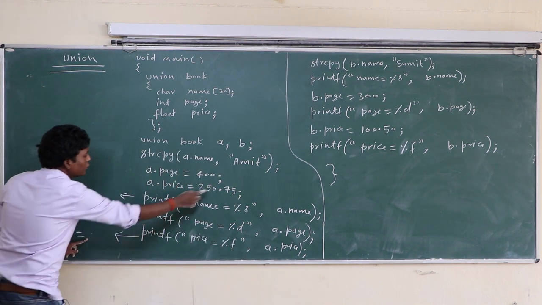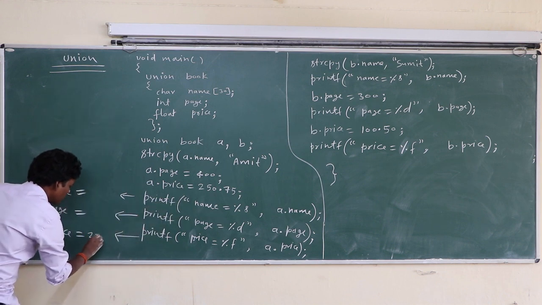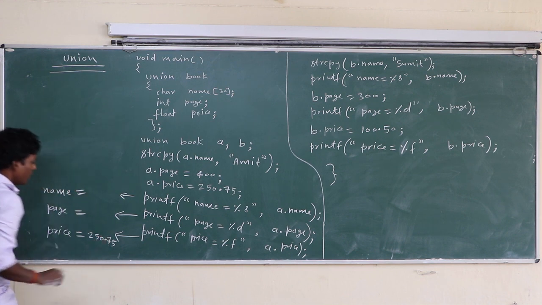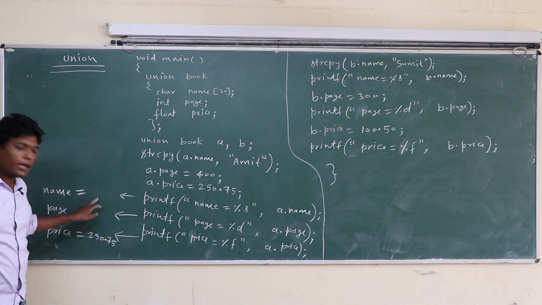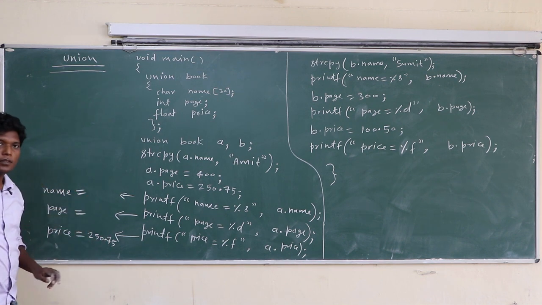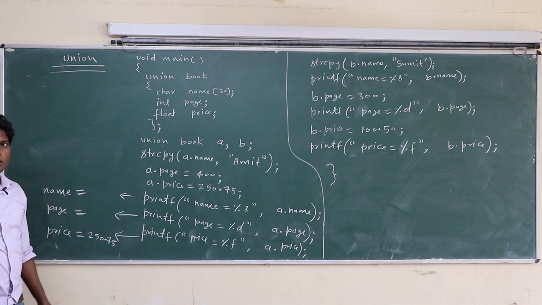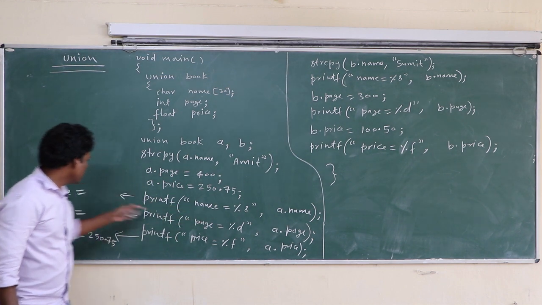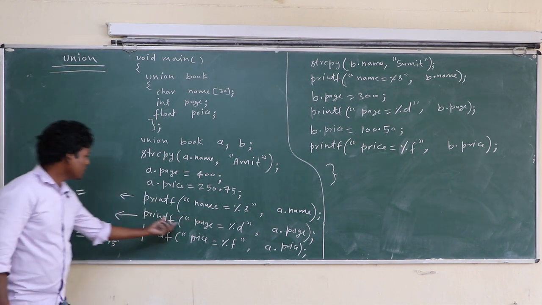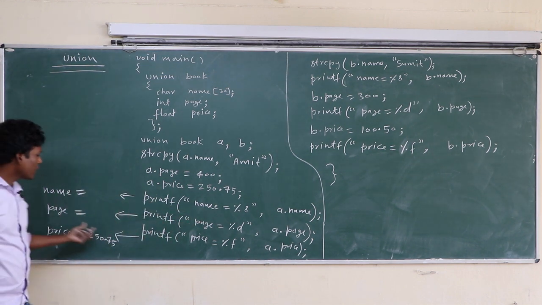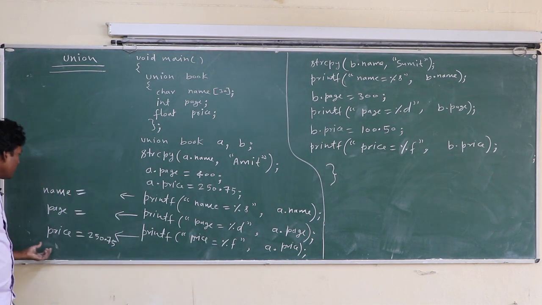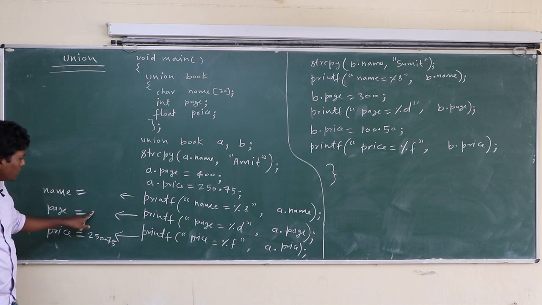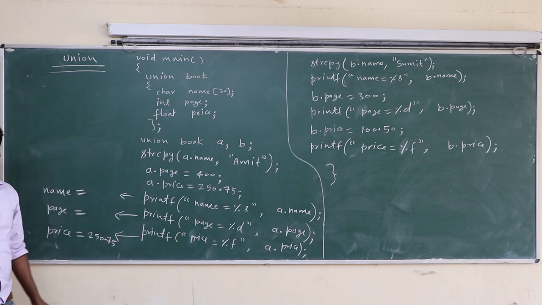That is 250.75. Here there is no value, but here is a value. Class, when the printf prints a dot price, this will be the result. Here there is no result, but here is a result.